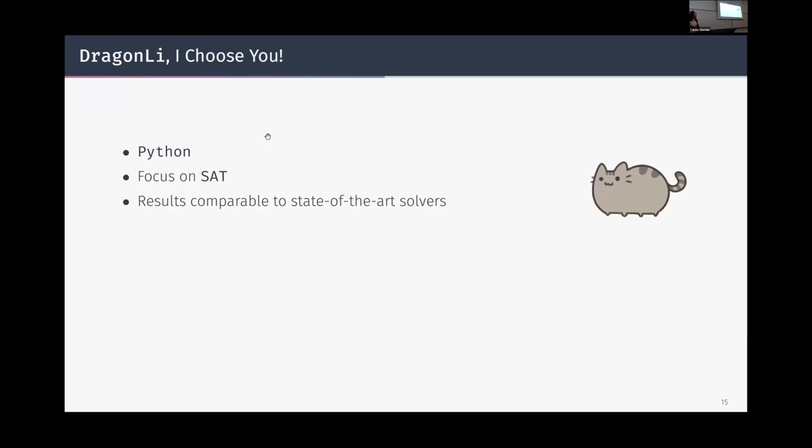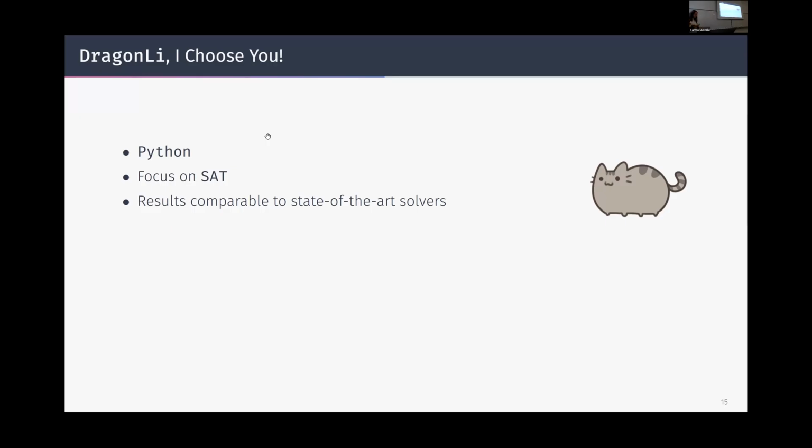We implemented this into Dragonly. Dragonly was made in Python, so it wasn't made for performance at first. There is no complicated heuristic or so on. It was just made to be a baseline and to see whether machine learning can help. For this problem, it was focused on SAT, because if a word equation is unsat, we have to check every path anyway, so it doesn't make sense to use a GNN in that situation.